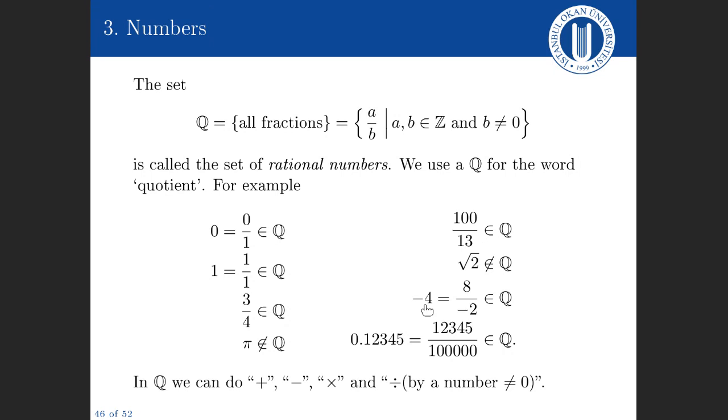Minus 4, which we might write as 8 divided by minus 2, or many other ways, is a rational number. 0.12345 is a rational number. But some numbers, such as pi or the square root of 2, are not rational numbers. It's not possible to write pi as a fraction. It's not possible to write the square root of 2 as a fraction.